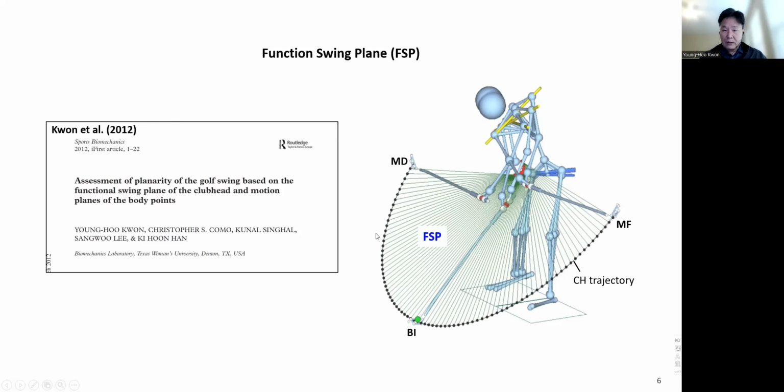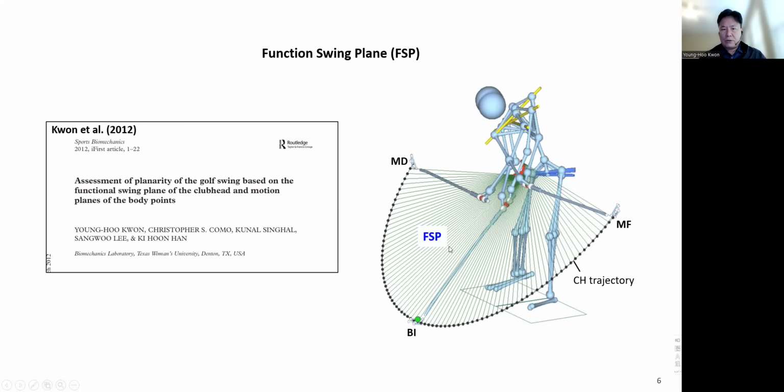So if we look at this club head trajectory here, this phase obviously includes the most important instant, the ball impact. So from here to here, the club head trajectory actually shows almost perfect planar motion. So mathematically, you can calculate the best fit plane to this trajectory here.